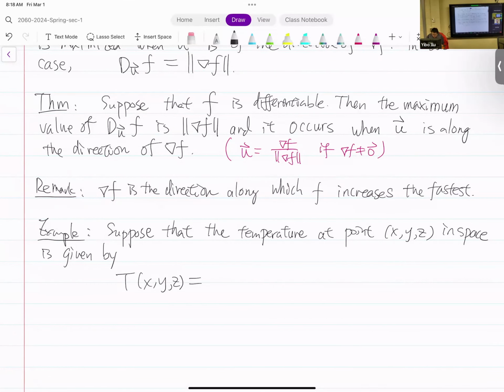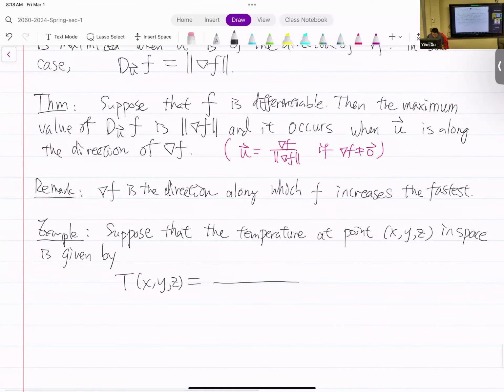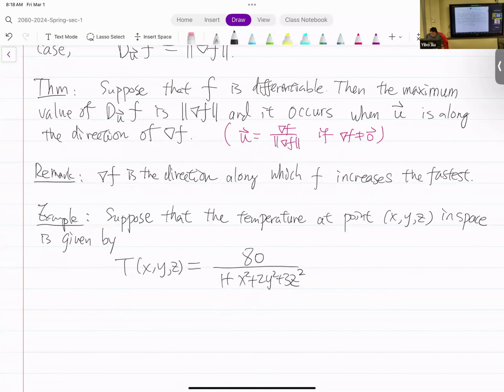This equals, so this is a fractional function, or you can call it a rational function, basically a constant 80 over 1 plus x squared plus 2y squared plus 3z squared. So we have this capital T where T is in degrees Celsius, and x, y, z are in meters.